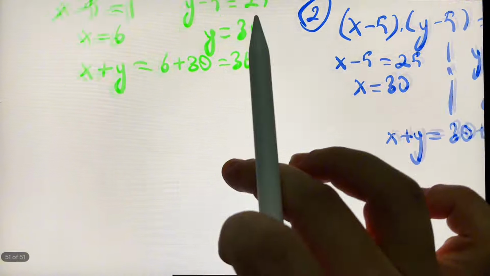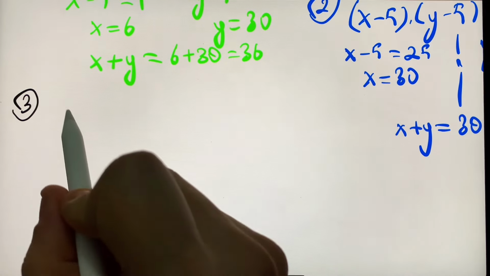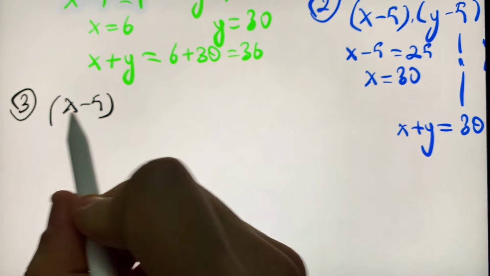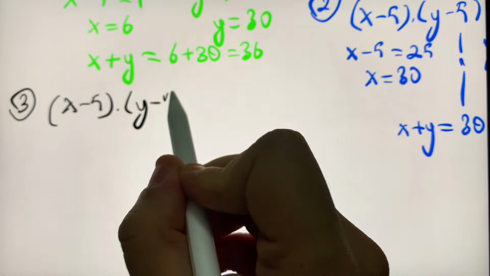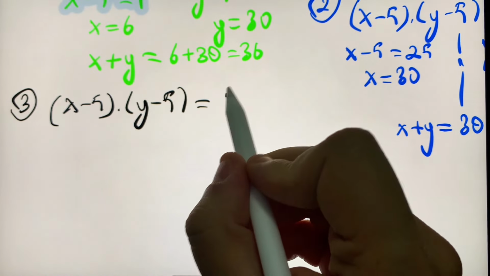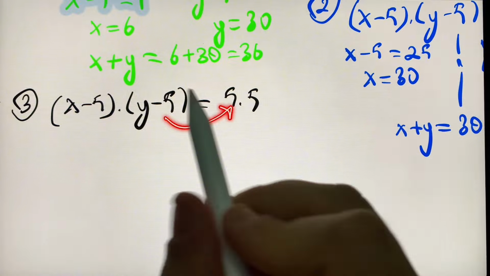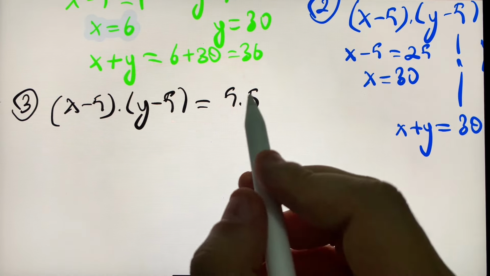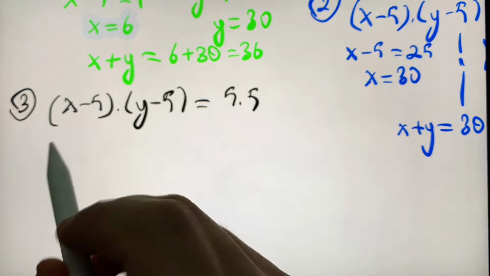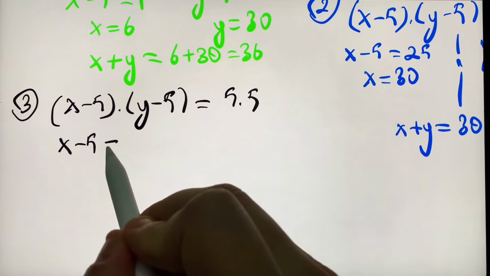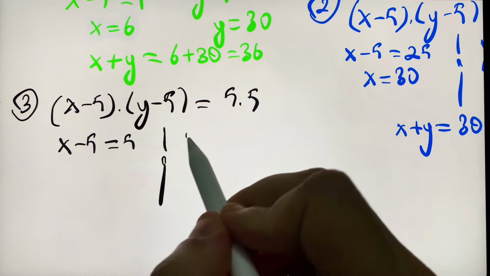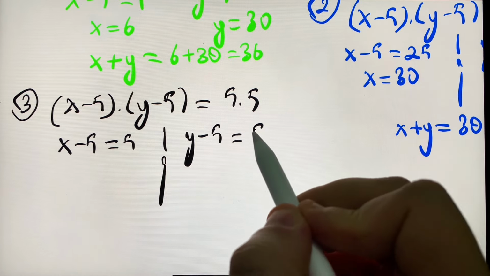Third case: x minus 5 times y minus 5. I say equal to 5 times 5. This is equal to this again. X minus 5 equals 5. Y minus 5 now equals 5.